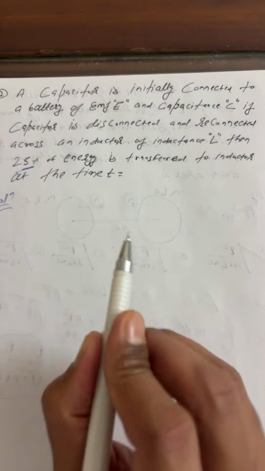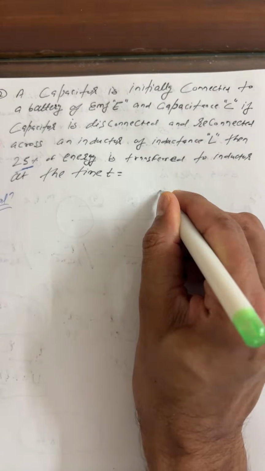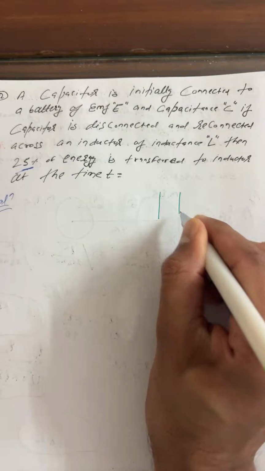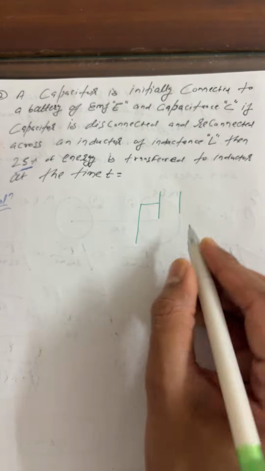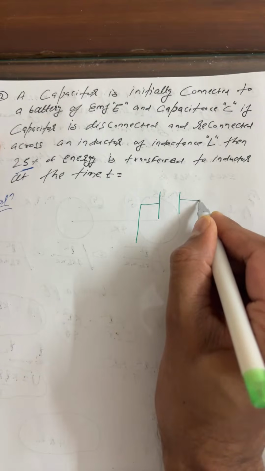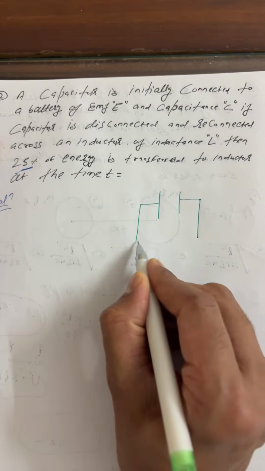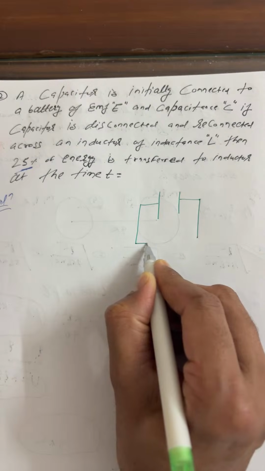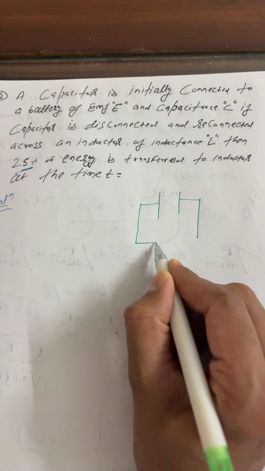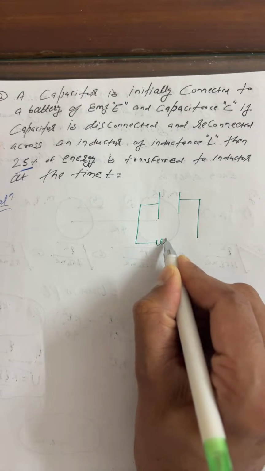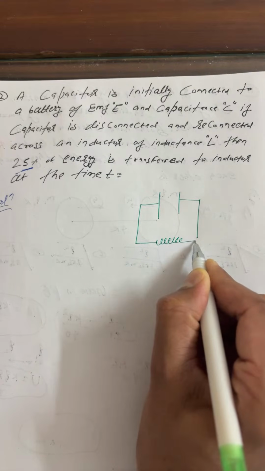The question says, suppose you have a capacitor initially charged. After this, it is reconnected, and this is the inductor.